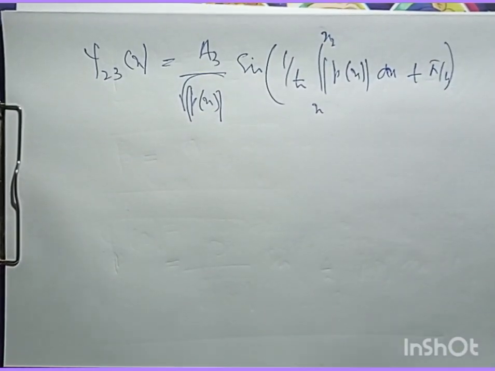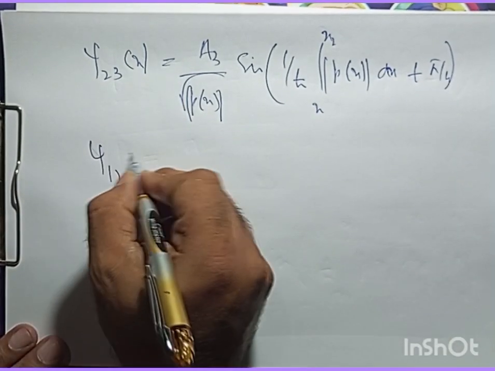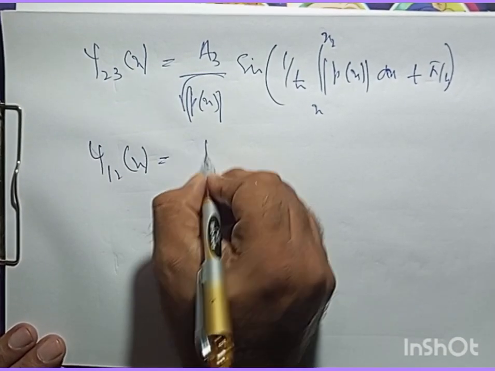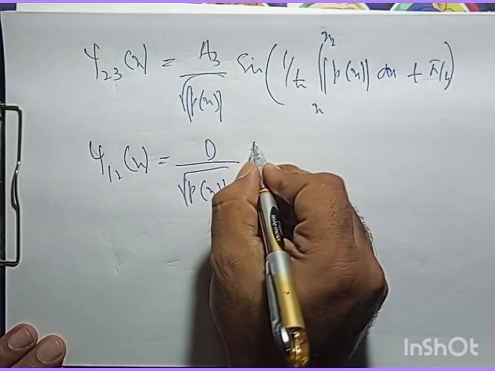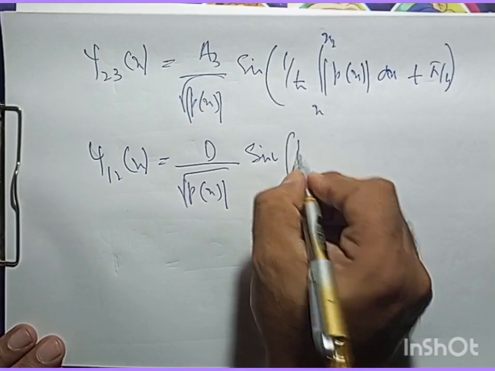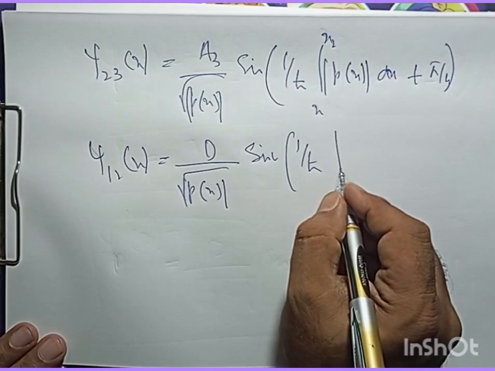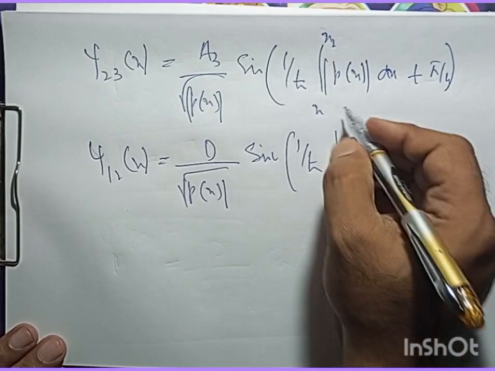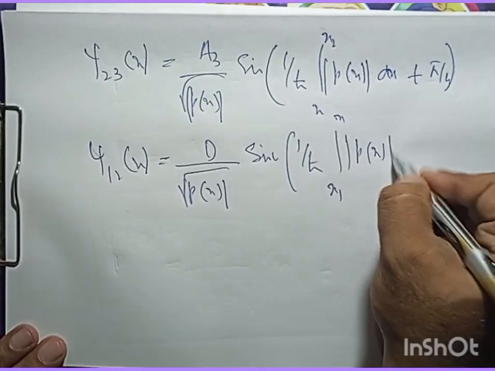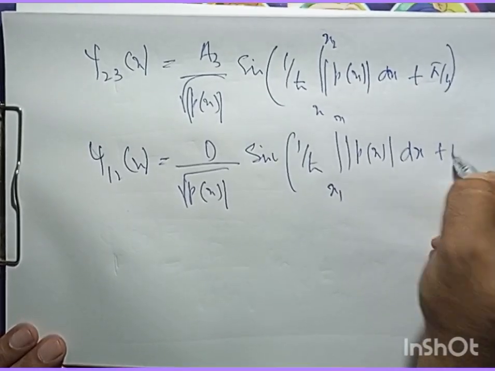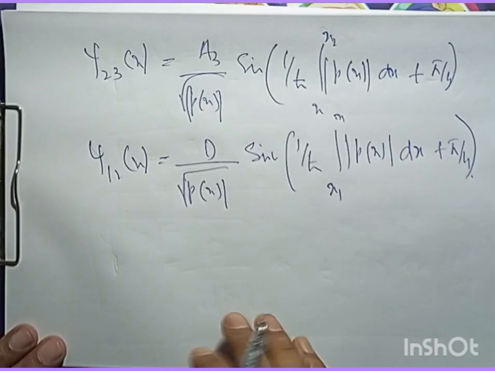And then we have psi 1 2 of x, and that is d by under root of p of x, then sine of 1 by h bar integral x1 to x, then we have p of x and dx plus pi by 4.